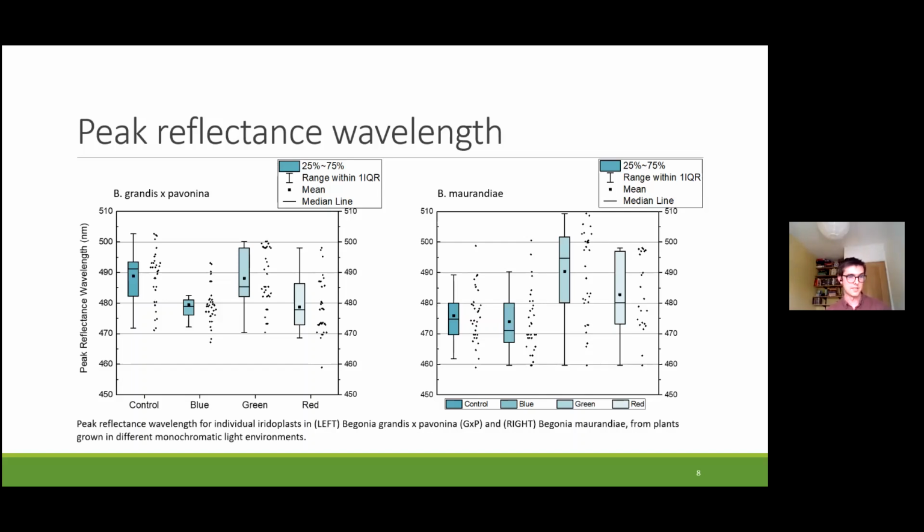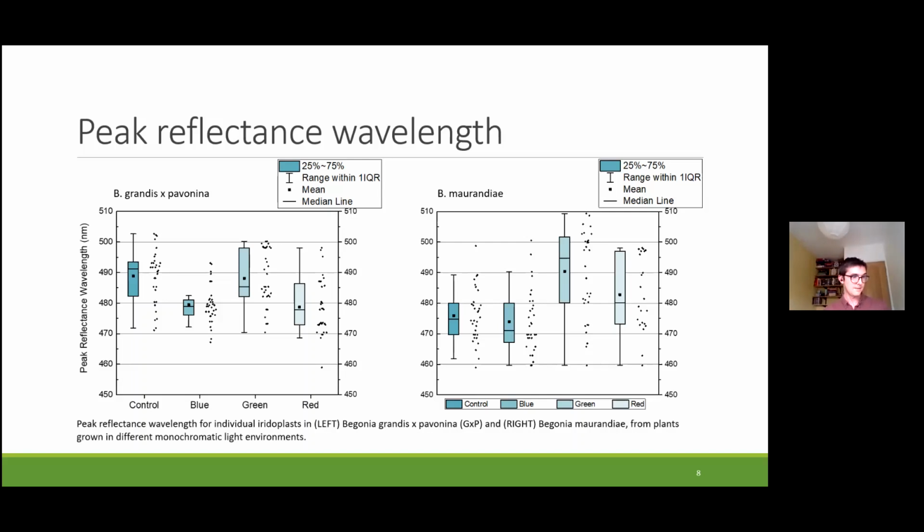The green and red are much less clear because they're much more spread out. We do see a bit of a grouping around 500 nanometers for the green light group in GXP, but overall the median line is down at 485, so definitely in the blue.